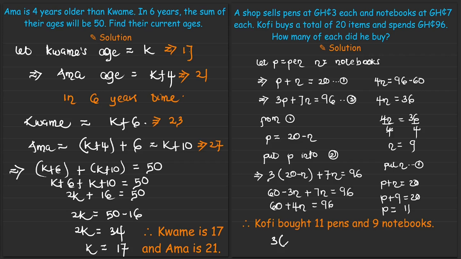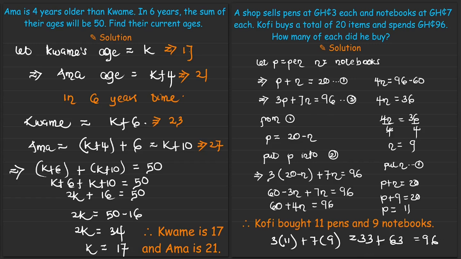We have 3 into bracket, the P is now 11, then plus 7 into bracket our N, which is now 9. 3 times 11 gives us 33, then 7 times 9 gives us 63. If you add these together, you get 96, which confirms what we have done over here.